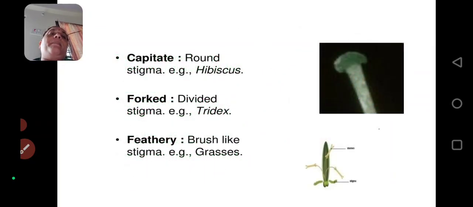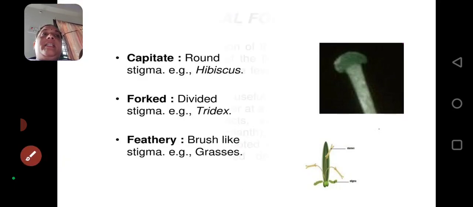Here are pictures showing a capitate stigma. Capitate stigma means a round stigma. Example is Hibiscus. Observe the diagrams.